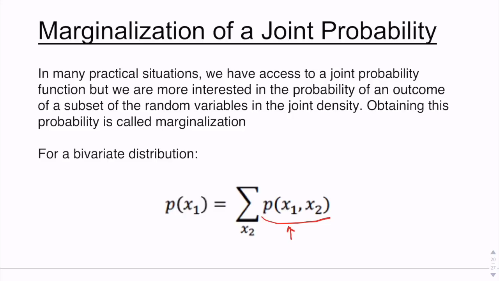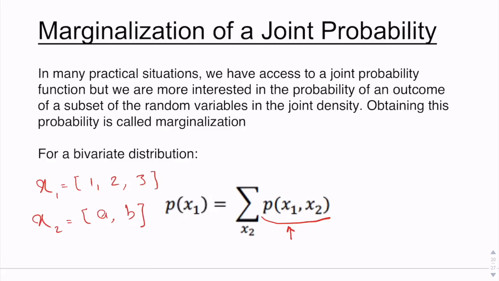Let's say x1 can take the values 1, 2, and 3, and the x2 space is A and B. That means the sample space for x2 has two samples, and for x1 there are three samples: 1, 2, and 3. Random variables can be anything, not necessarily numbers.